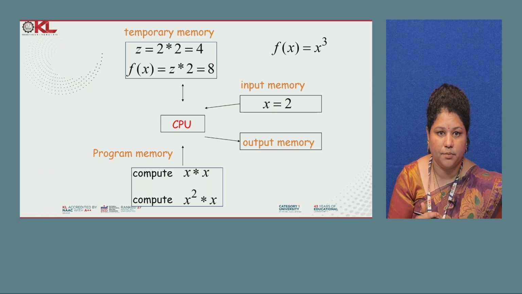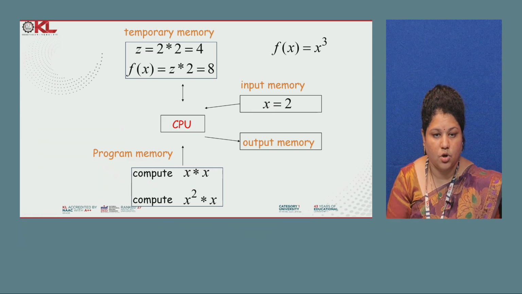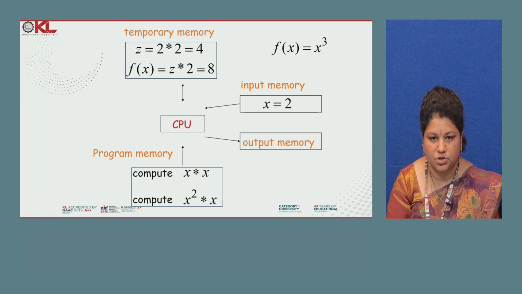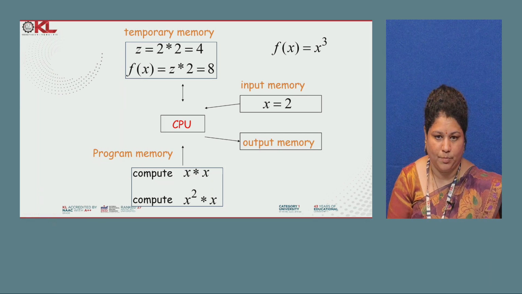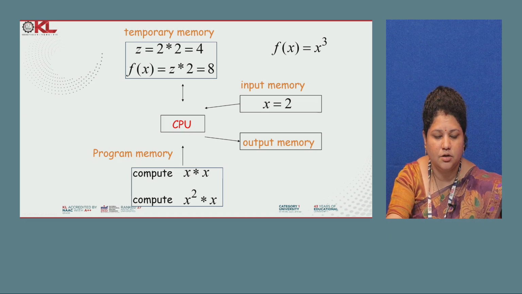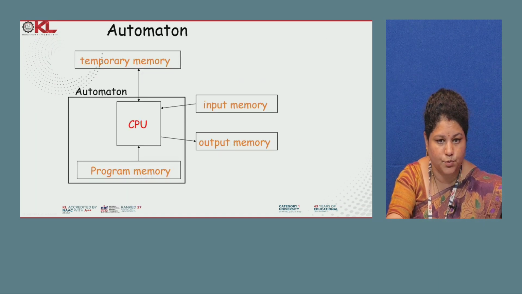From the given input, for example in the place of x we have given 2, how will the calculation be done? 2 into 2 equals 4. The 4 will be given as output. That is nothing but the output memory. In general we do calculations in this way.